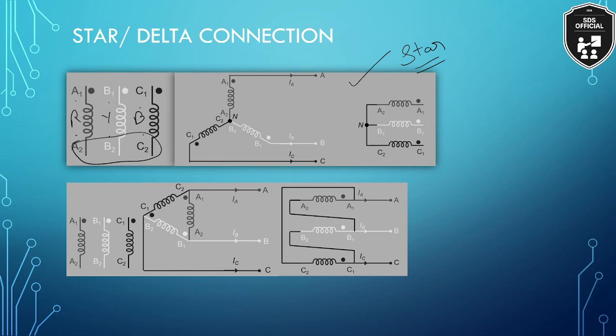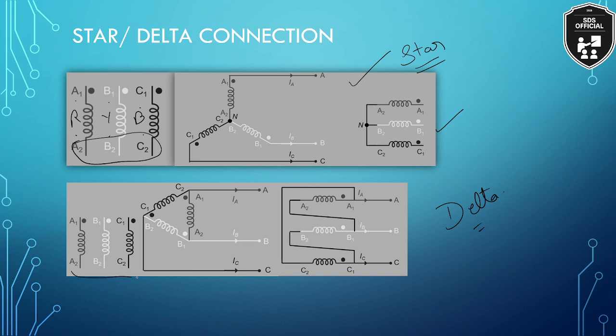In the diagrams in your books or any professional material that you read, the star connection can be represented like this. Similarly for delta connections. There are certain differences between the voltages obtained in these two types of connections, star and delta, that we will discuss in the next slide.